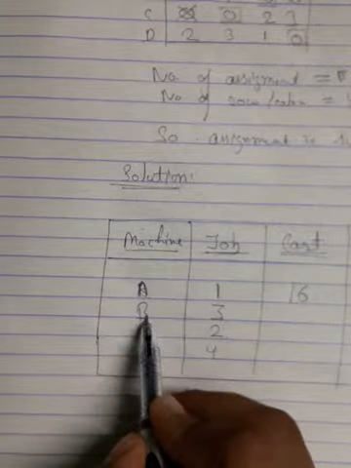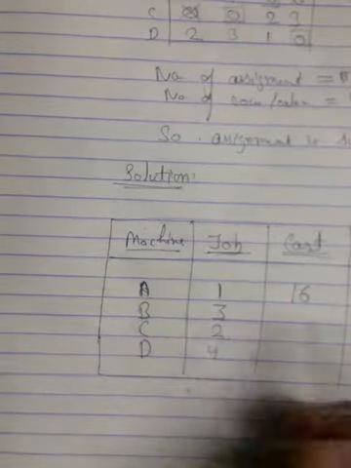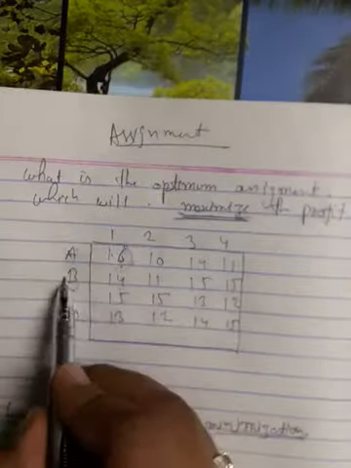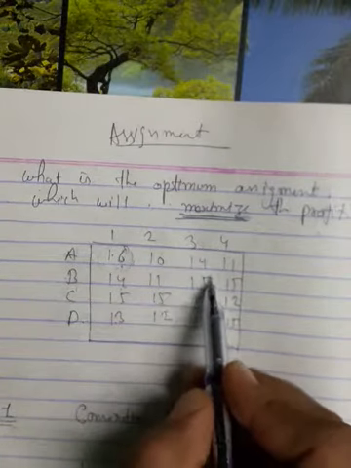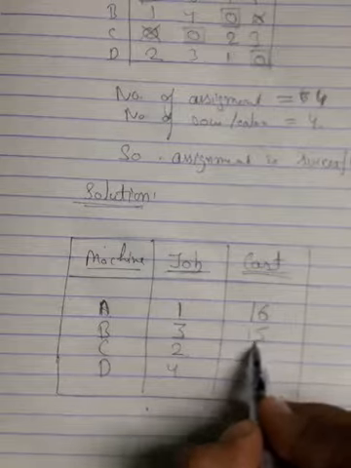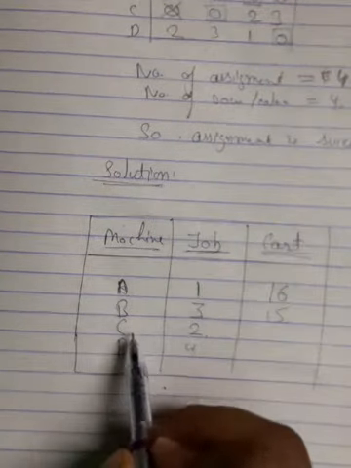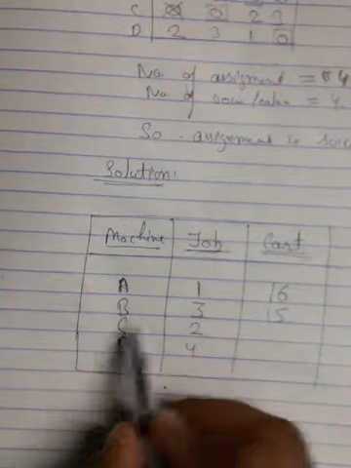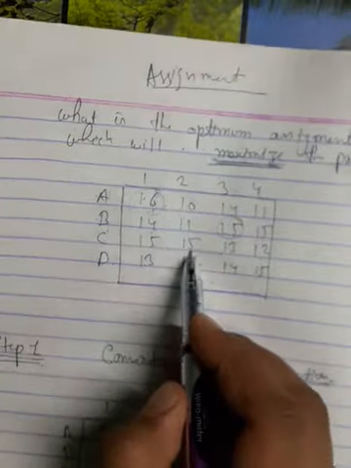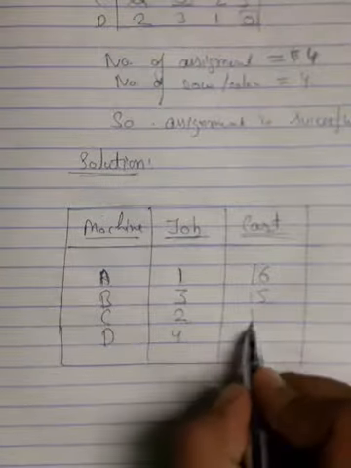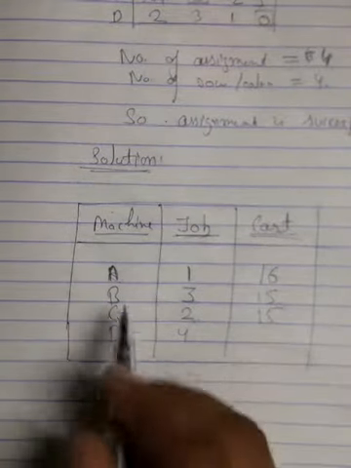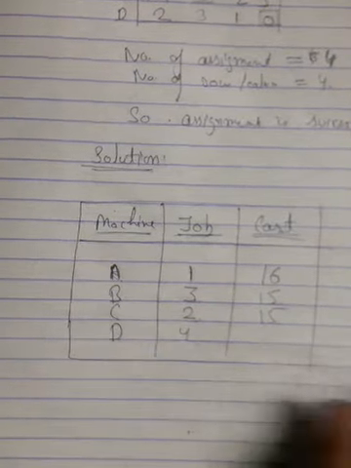Now for machine B, job third, you have a value of 15, so write it here, 15. In the third case, machine C, job second, you have 15.